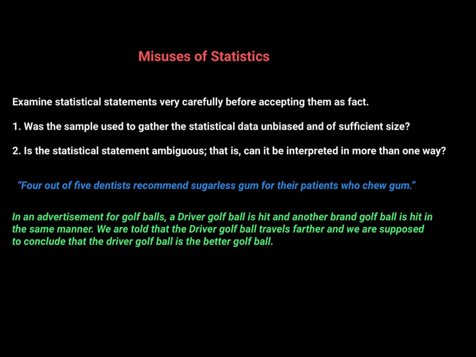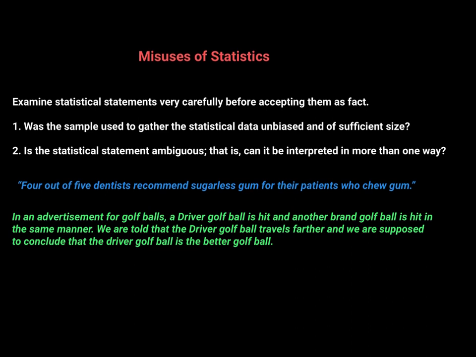In another advertisement for golf balls, a driver golf ball is hit and another brand golf ball is hit in the same manner. We are told that the driver golf ball travels farther, and we're supposed to conclude that the driver golf ball is the better option.